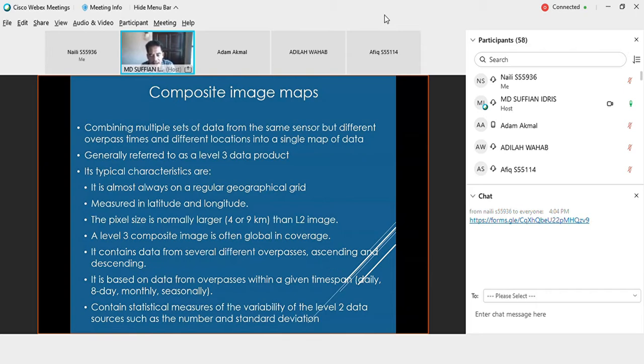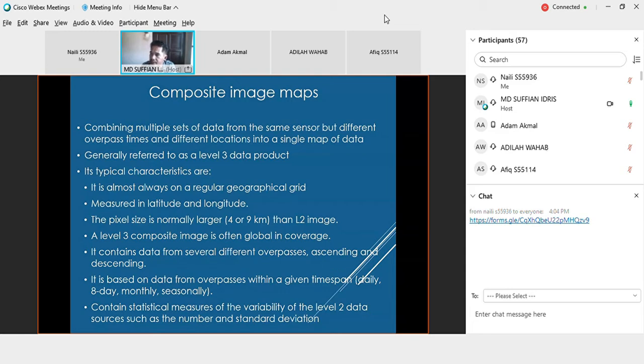So kalau contohnya you ada daily data, you nak produce a monthly data product. So you akan average kan your daily data and then you akan interpolate mana-mana missing value in your image. Itu yang kita panggil sebagai composite image map.